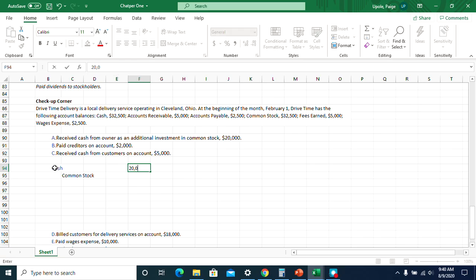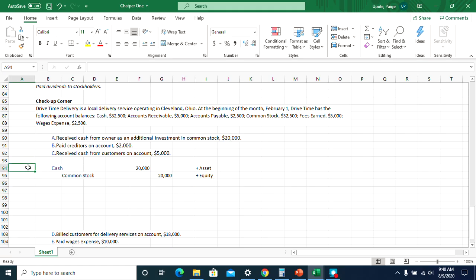I'm going to record it exactly for the amounts purchased. And that's that. We debited cash because it's an increase to an asset, and we credited common stock because it's an increase to an equity account. So if we're walking through the slides, this is an increase to an asset and also an increase to an equity account.